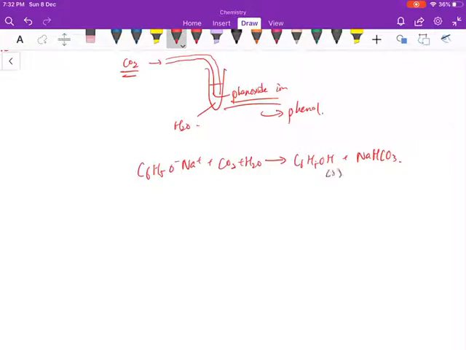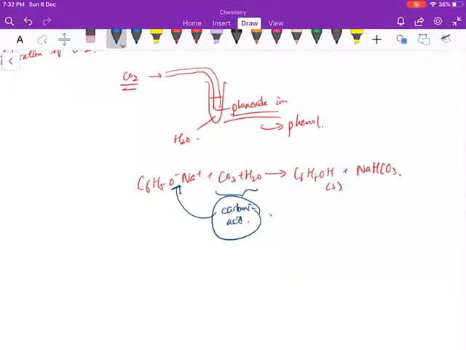The point here is that it shows the carbonic acid, because as we all know carbon dioxide associates with water to form carbonic acid, could actually displace the sodium ion in the salt to form back phenol here.